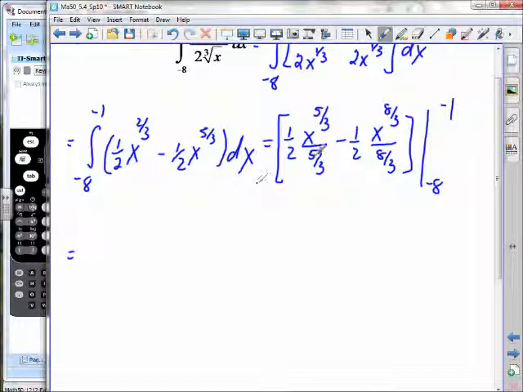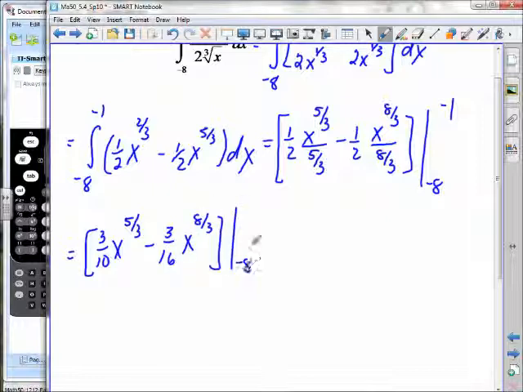Dividing by 5/3 is the same as multiplying by 3/5, so I end up with 3/10 x to the 5/3, minus, dividing by 8/3 is the same as multiplying by 3/8, so it'd be 3/16 x to the 8/3, evaluating from -8 to -1.